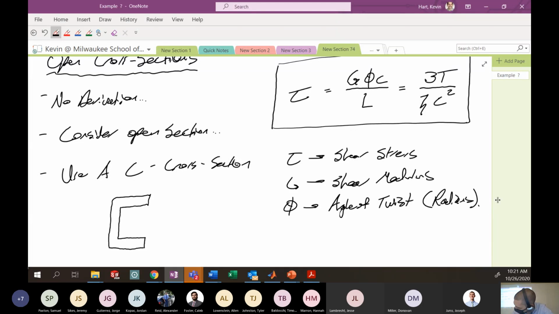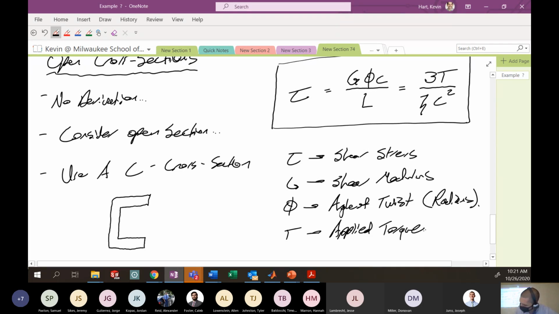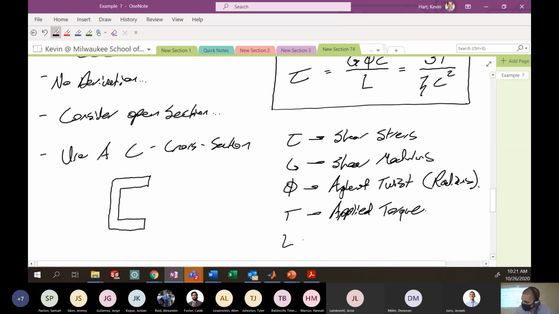Capital T is the torque. L is the length of the shaft.